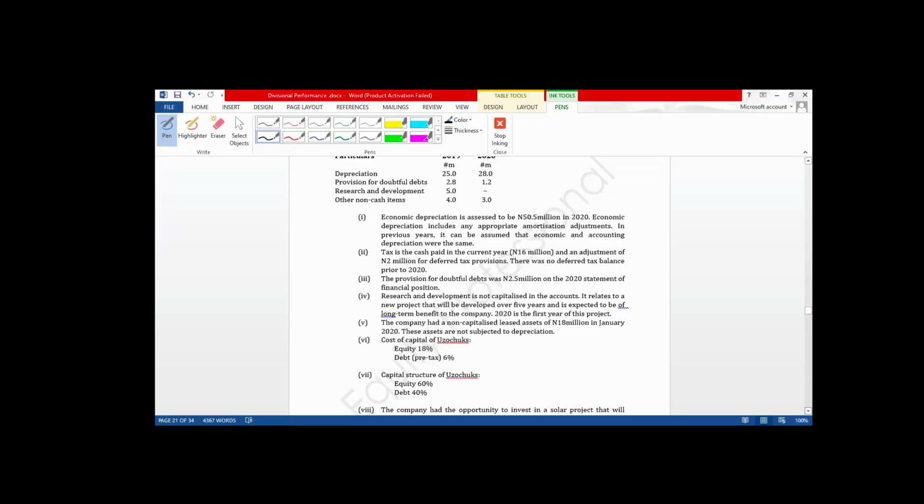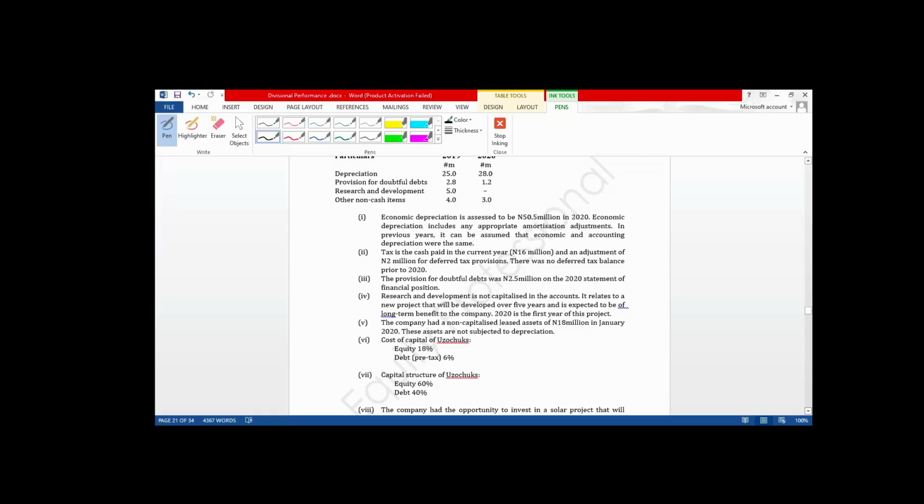The provision for doubtful debt was 2.5 million on the 2020 statement of financial position. Research and development costs is not capitalized in the accounts.